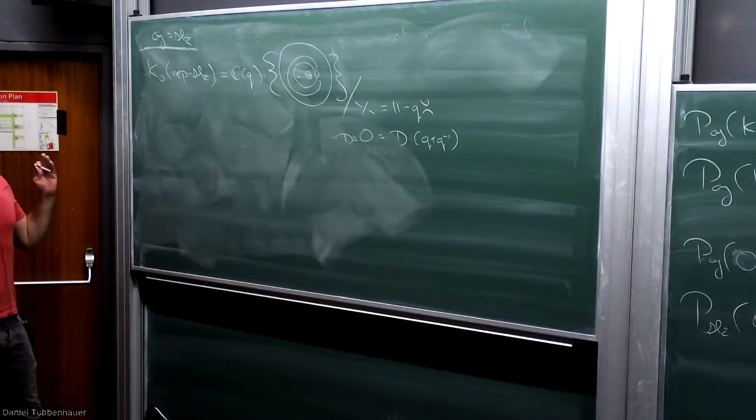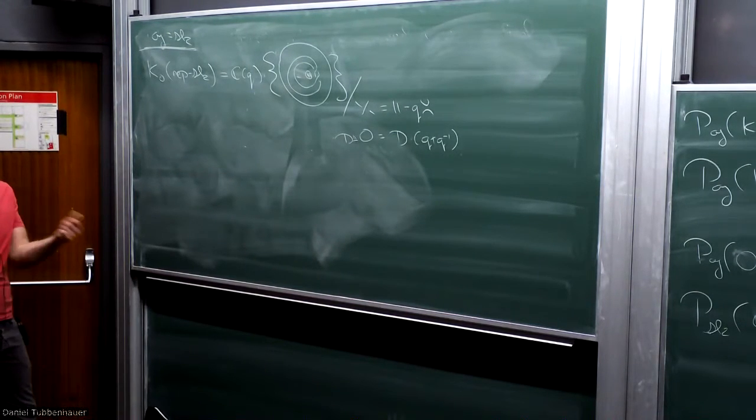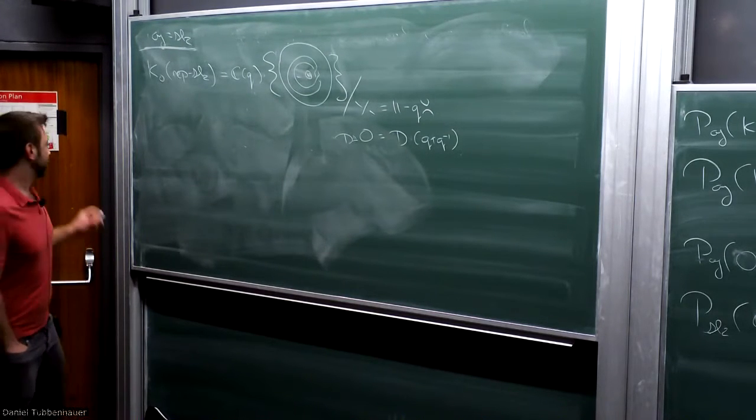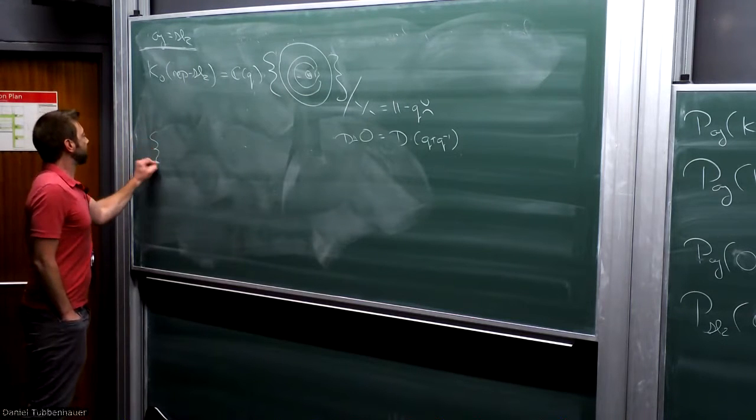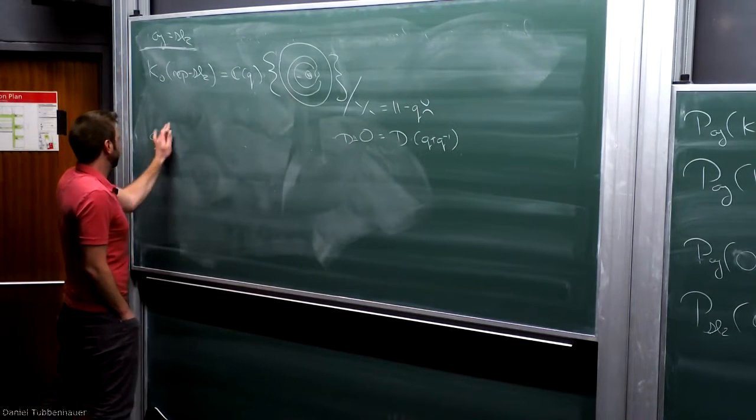One of the reasons this is really cool is because you can actually use these knot invariants or link invariants to build three-manifold invariants. So the relationship between knots and three-manifolds, I'll just summarize in a very big black box.